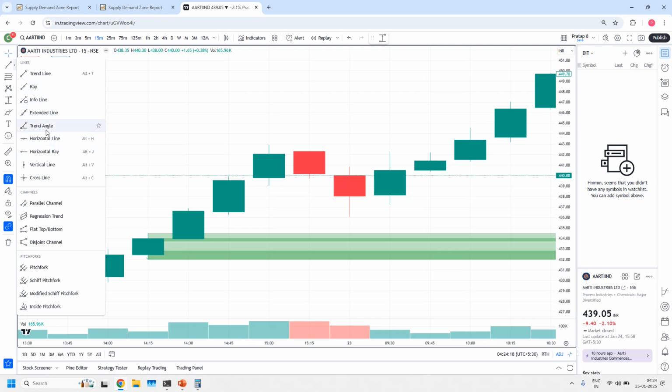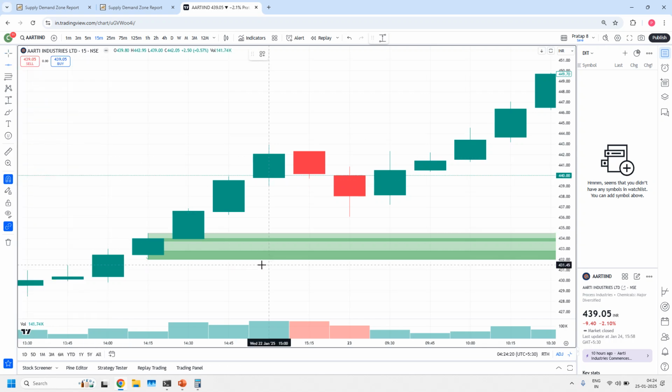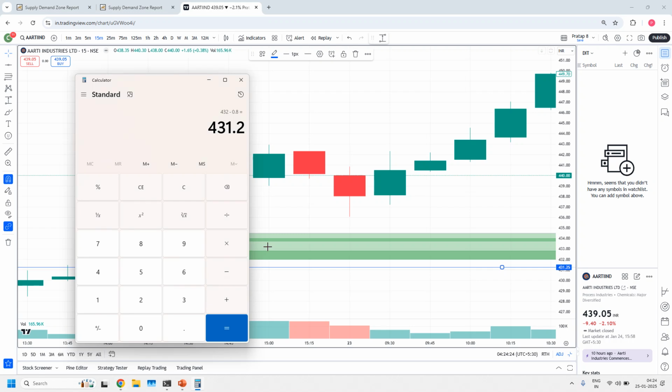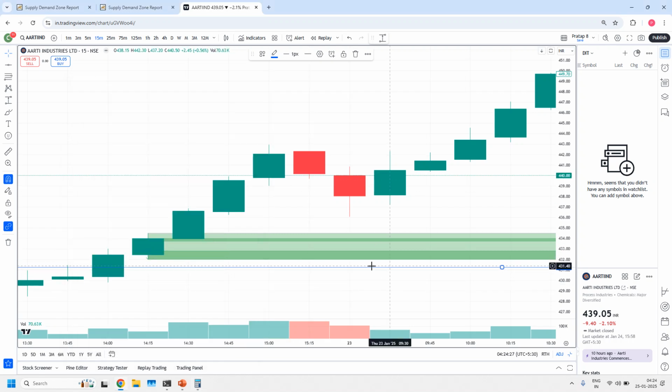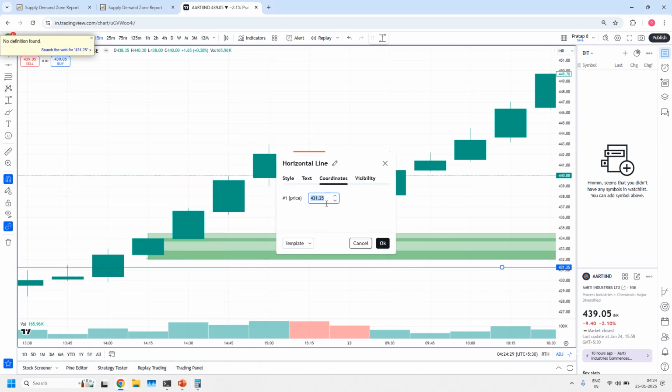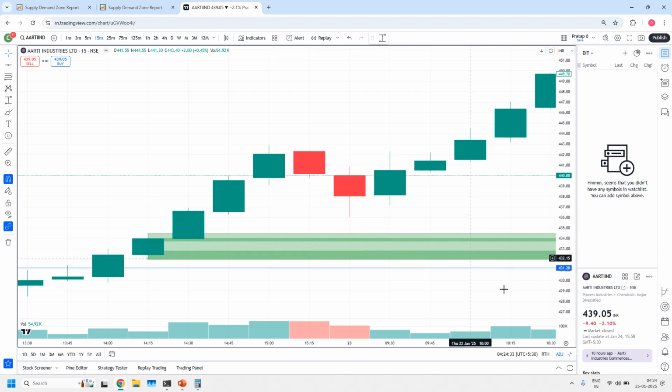Let me draw a horizontal line at 431.20. So this should be your stop buffer.